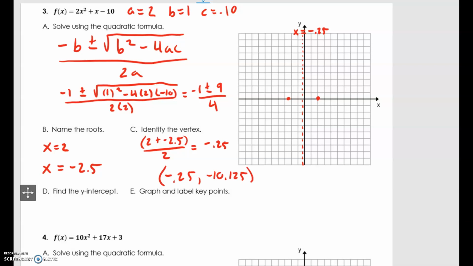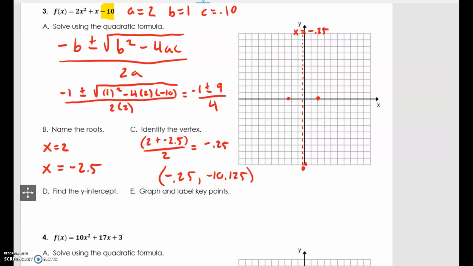At this time, I'll go ahead and plot that point. That would be right here-ish. Okay. I've got that point. I need the y-intercept. The y-intercept is this last number, remember? So this is the y-intercept. It is at negative 10, so this point's actually super close to it.